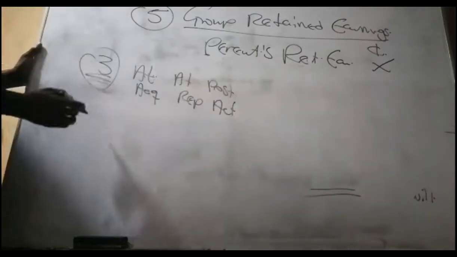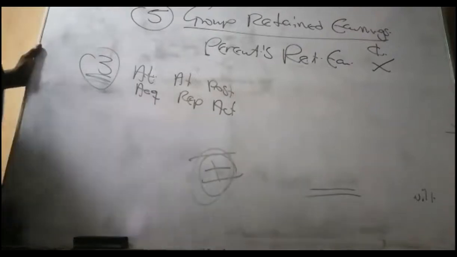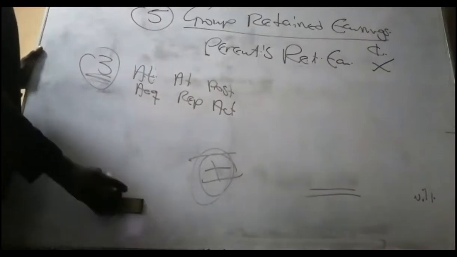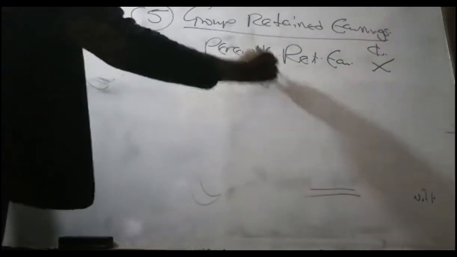Working standard 3, the final answer at the post-acquisition. The parent must take the share. It's shared between the parent and the subsidiary, so we call it parent share of post-acquisition changes in the net assets, or post-acquisition profits.